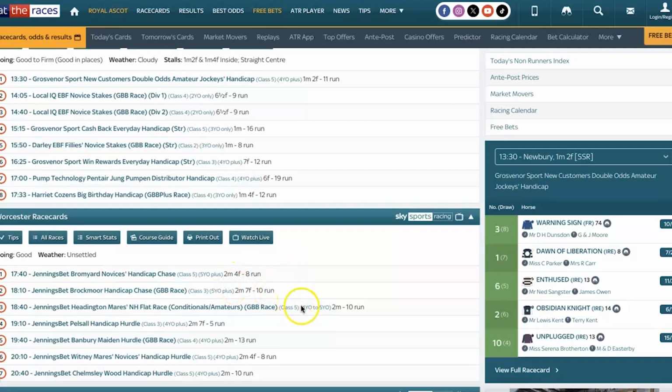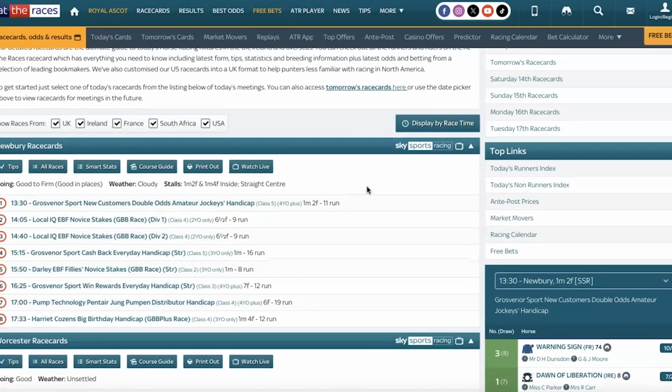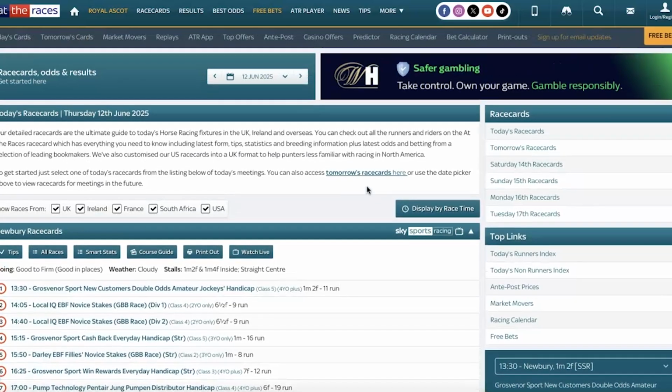So there we go. That was a little rundown there on the term furlong and where you would see that term on a particular race card.